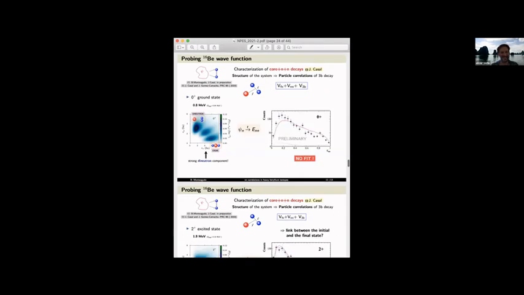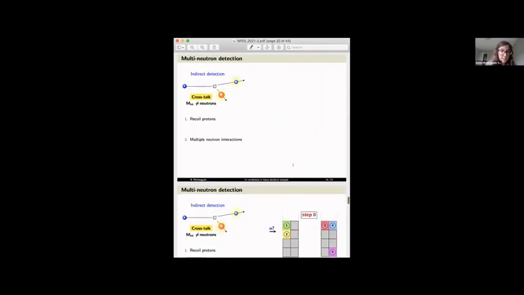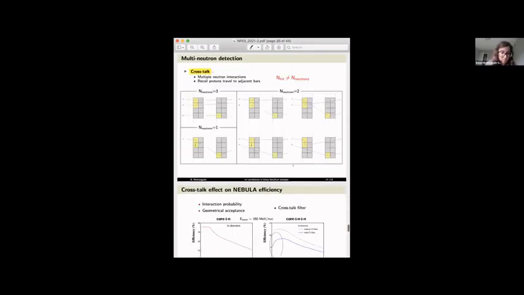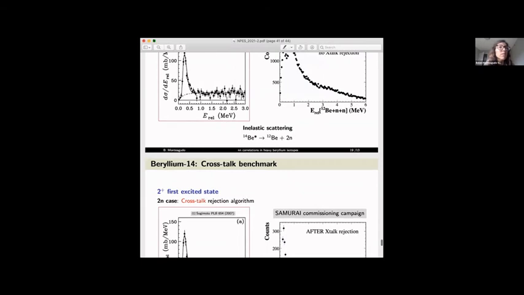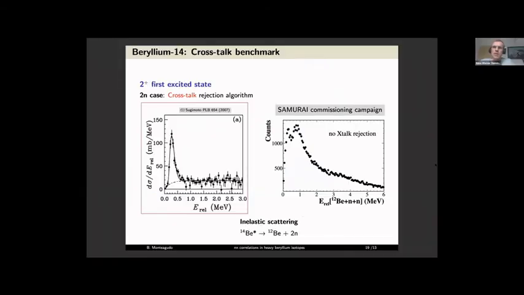Can I share my screen? Yes, please. Maybe people will better understand what I'm saying. Thank you. I think I have that somewhere. So beryllium 14 is actually a very good benchmark for the crosstalk. And this is how the spectrum looks without the crosstalk filter.